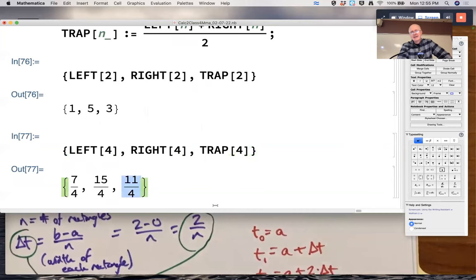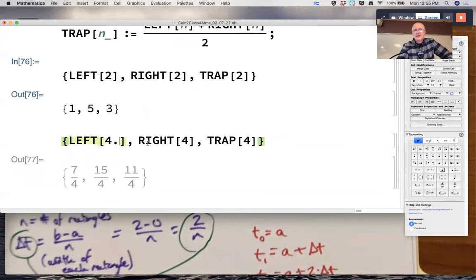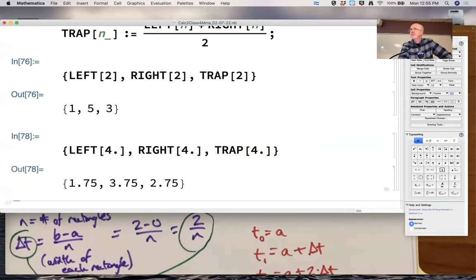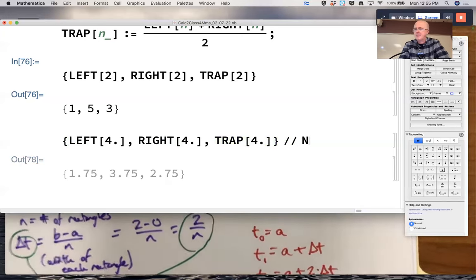As a decimal, that is 2.75. Getting closer to 2.6 repeating. If you put periods after the 4s, decimal points, it will automatically do a numerical approximation. I also could have done, for example, slash capital N at the end instead, if you've ever done that before.